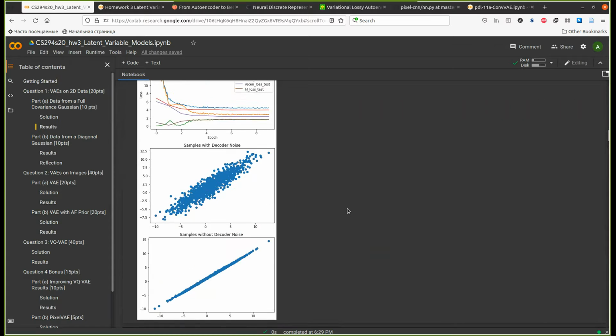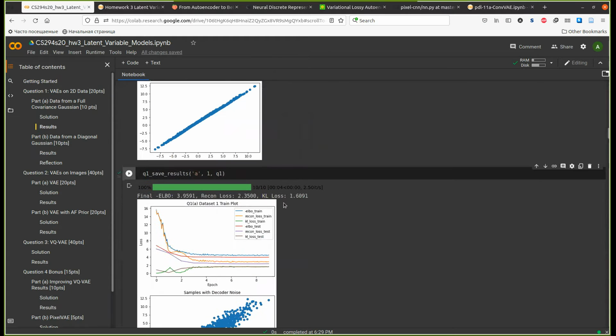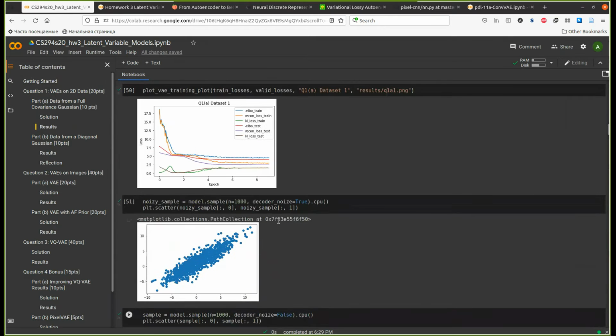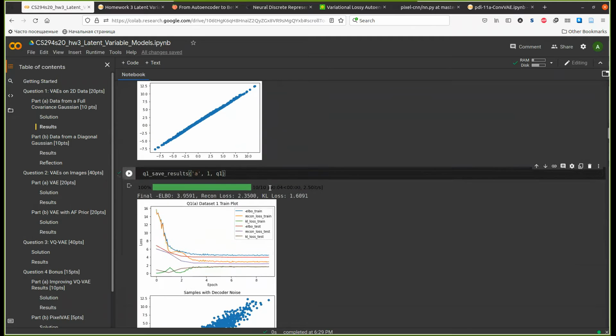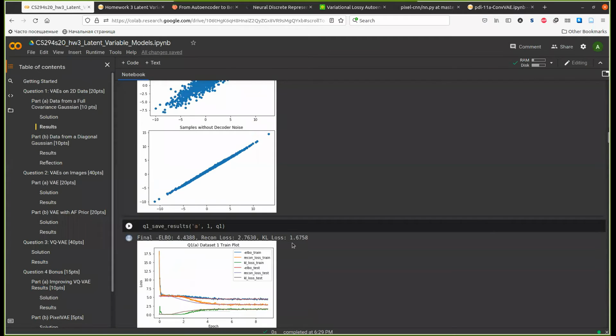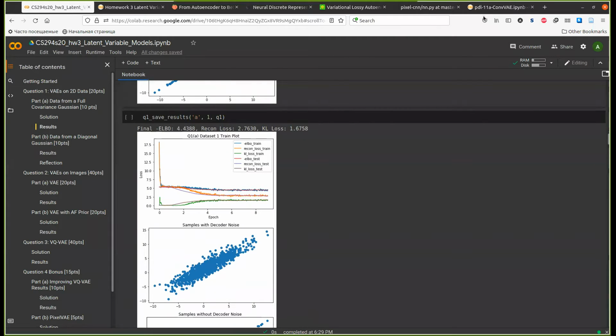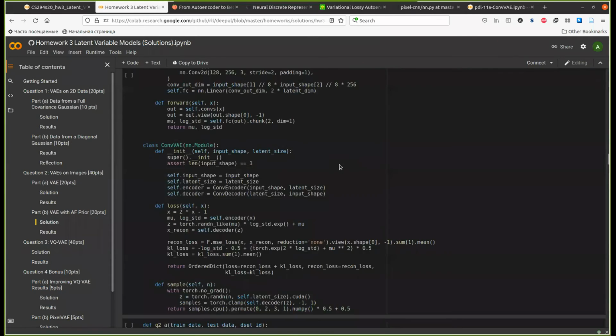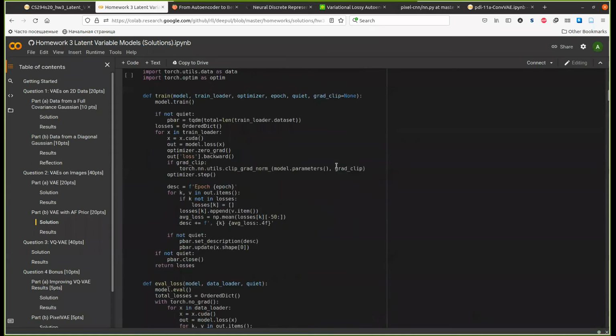Yeah, so I kept the results which were provided by the instructors, just to compare, and my training curves are very similar to what they have here. I don't know, maybe. We can check to be sure. Let's check it here, one second.